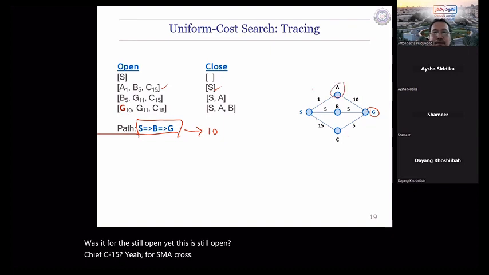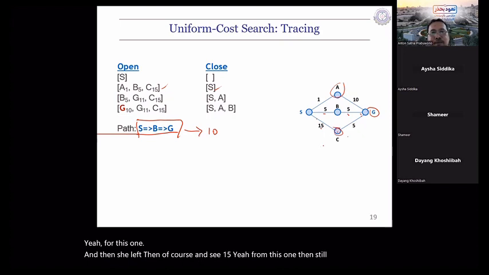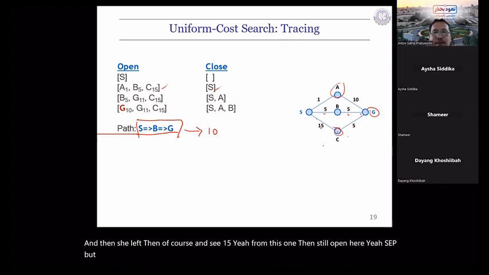This one is closed because of already 11. And then we got this one. We close this one. So G10 for this one, and then G11, of course, and C15 from this one. Then still open here. But since we got the 11 and 10, then we finish. We got the 10 as the least cost for this route.